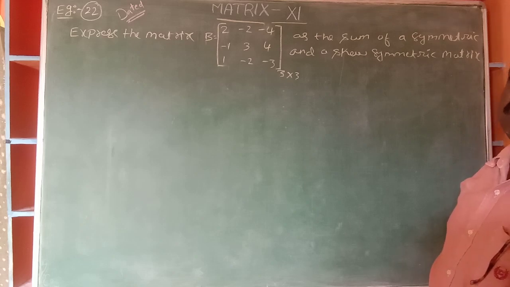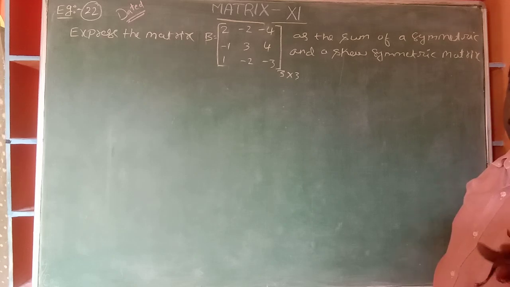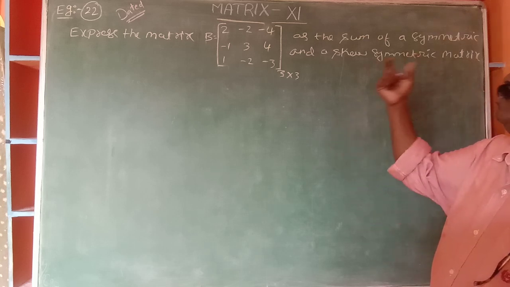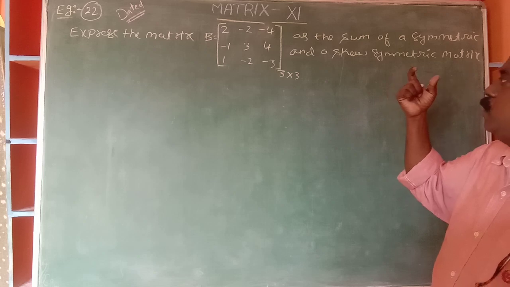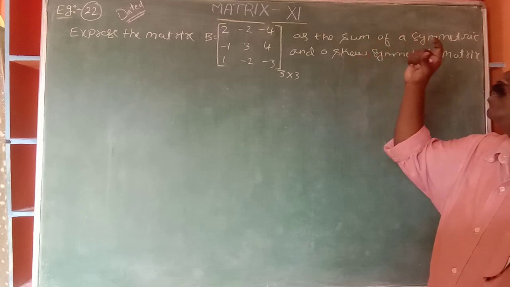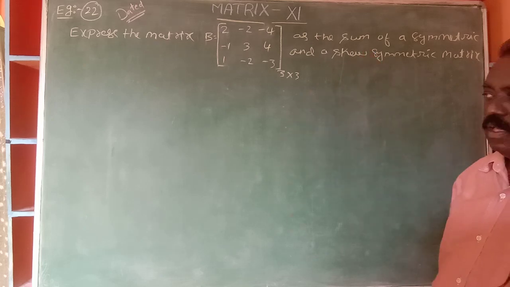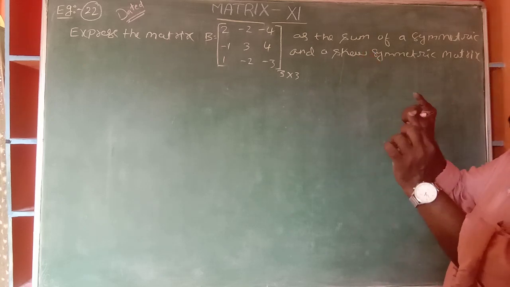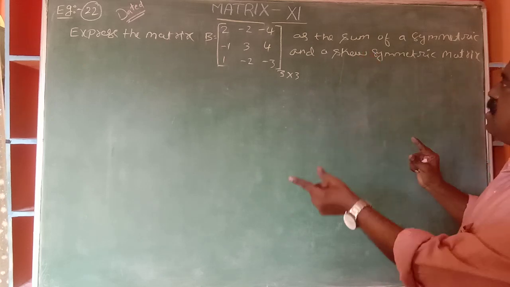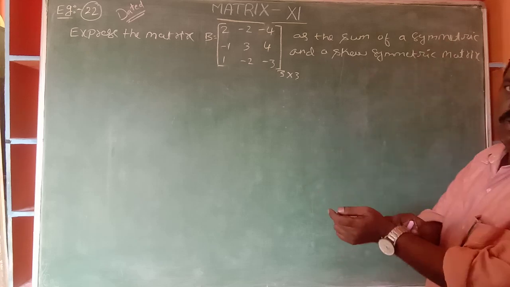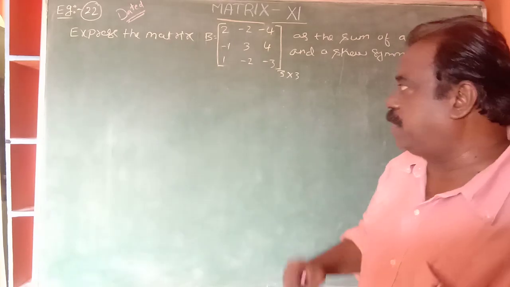Again, the second theorem is there, with the proof I solved it. Here also, by using that theorem, we have to express the given matrix capital B as the sum of two matrices, one symmetric and another skew symmetric. In such a manner we have to express it.